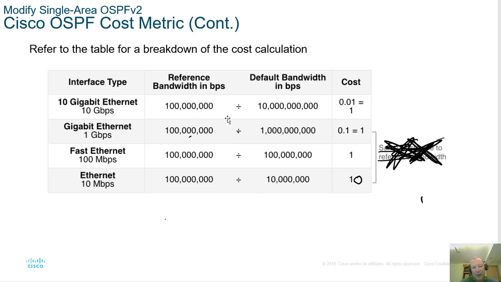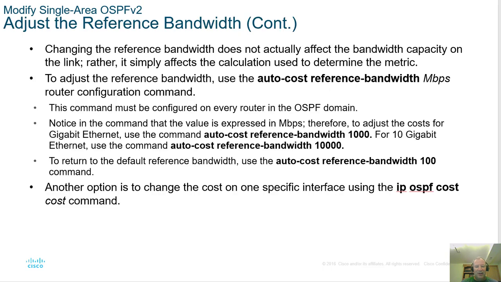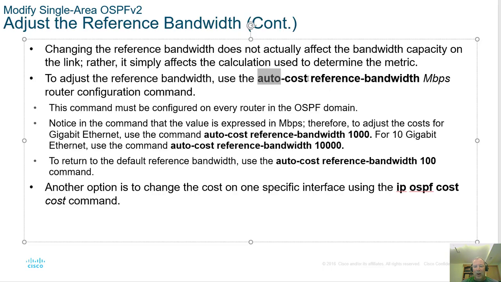So what we have to do in today's day and age, if you're going to have a link that's faster than 100 megabits per second, is change that reference bandwidth value. The way to do that is use the command auto-cost reference-bandwidth, and then you put in the value in megabits per second. So if you have something as fast as 1,000 megabits per second, you would use auto-cost reference-bandwidth 1000.